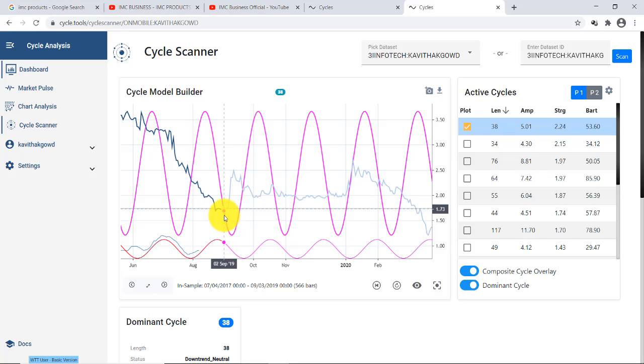Price is here means, so here at this point the downtrend is going to end, and here the top in the long term cycle the downtrend is starting.